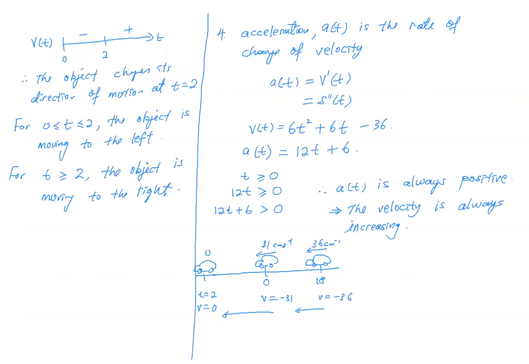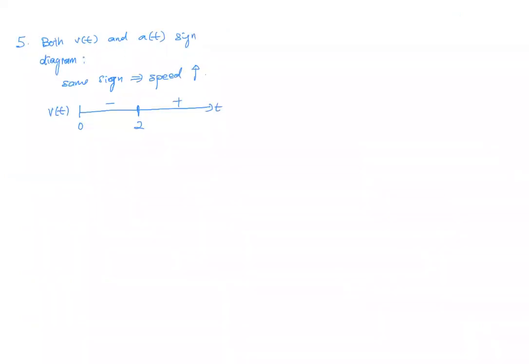From 0 to t, the velocity is increasing, but the speed is decreasing because the sign diagrams of Vt and At have the opposite sign. Correct? So I say increasing speed, same sign. So the cutting point is here. This part has the same sign.